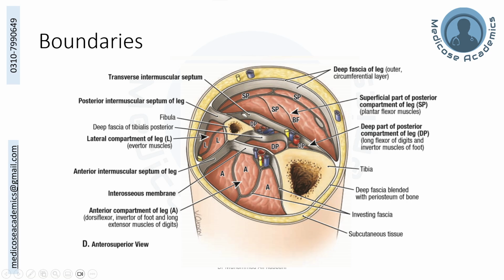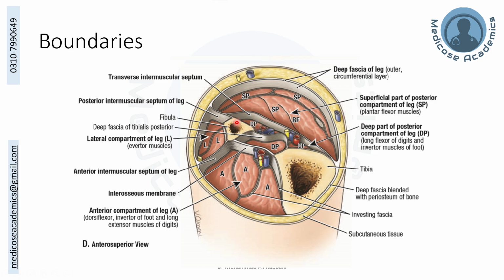Boundaries. Discussing here, there is fibula, this is tibia, interosseous membrane between them, this fascia lata around, anterior intermuscular septum, posterior intermuscular septum.